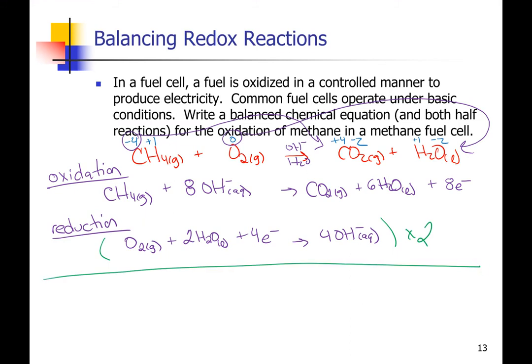So if I go through and I double all of my coefficients on my reduction half reaction, I'm going to have 2 oxygens and 4 waters and 8 electrons to give me 8 hydroxides.